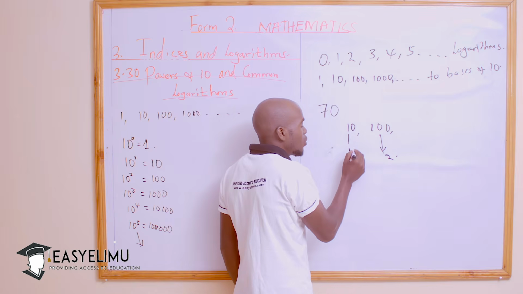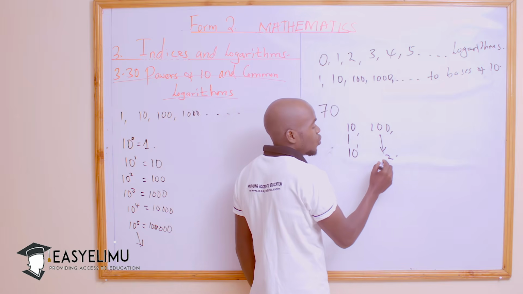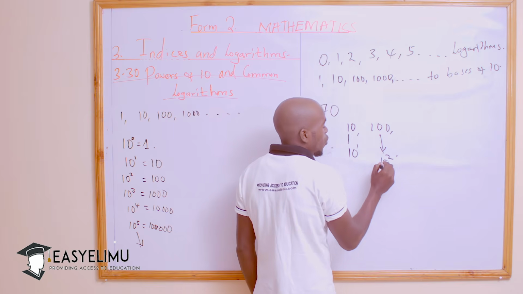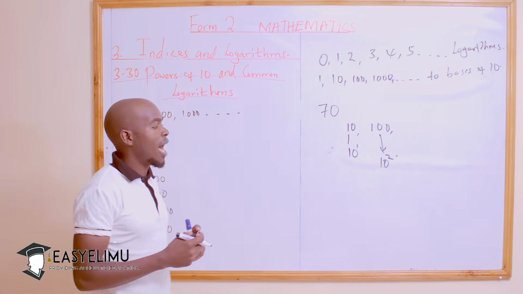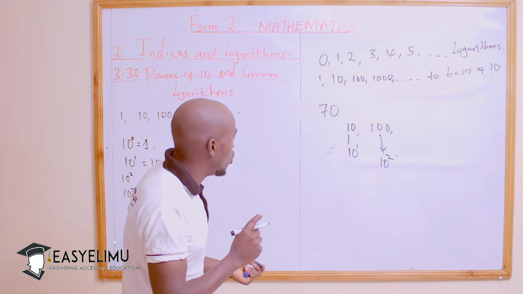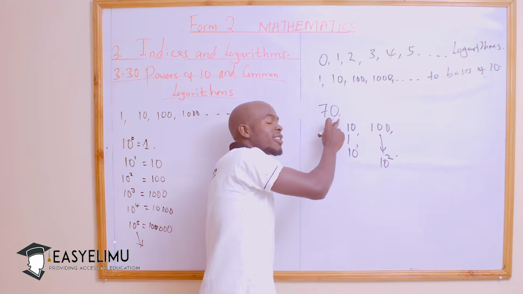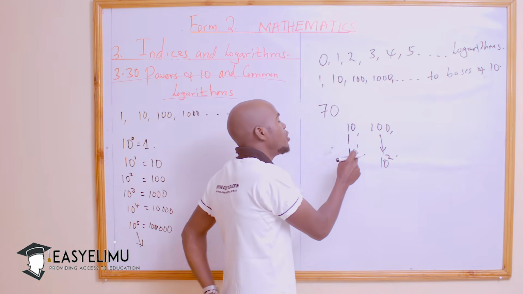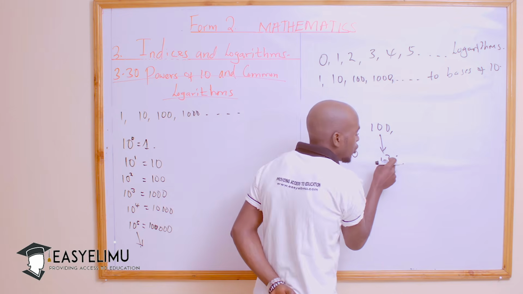This is the same as writing 10 raised to 1, and 10 squared, which gives 100. So the logarithm of 10 is 1 and the logarithm of 100 is 2, meaning the logarithm of 70 lies between 1 and 2.